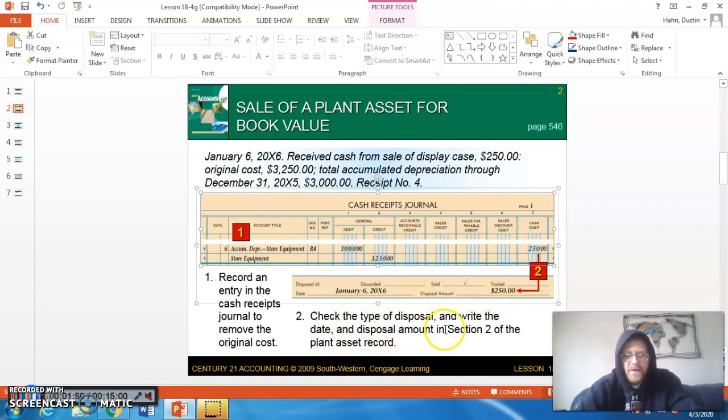So check the disposal. When we sold it, we received cash from the sale, so right there's a check mark for sold. And then write the date, January 6th, 2016. And then this is how much we actually received for that asset. That's that transaction.